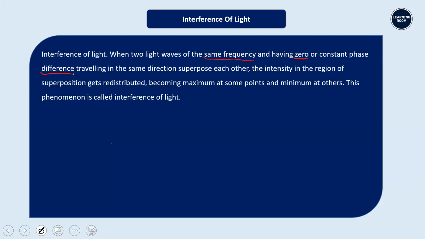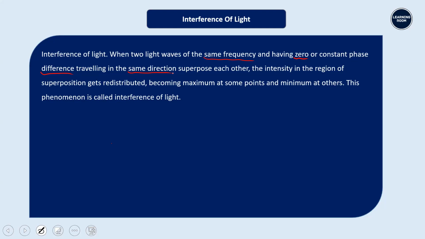And the most important of all is they should travel in the same direction. So unlike the statement of the principle of superposition, here the two light waves should have the same frequency and 0 or constant phase difference, and they should travel in the same direction.